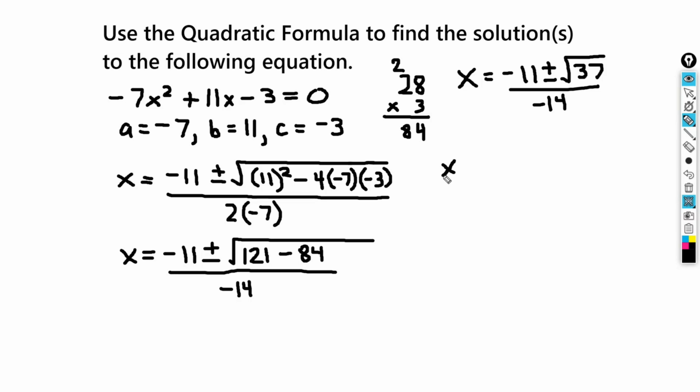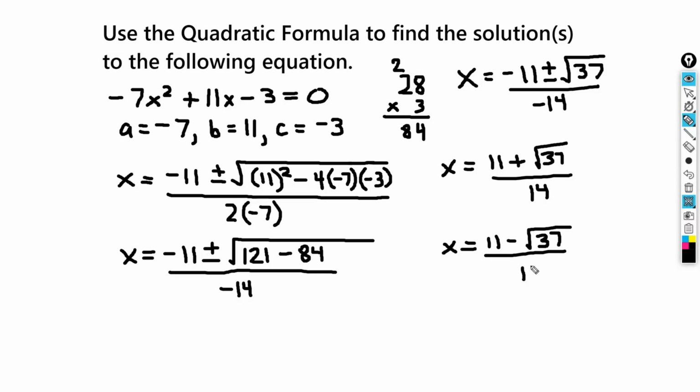So I'm just going to write this as x equals 11 plus square root of 37 over 14, and x equals 11 minus square root of 37 over 14.